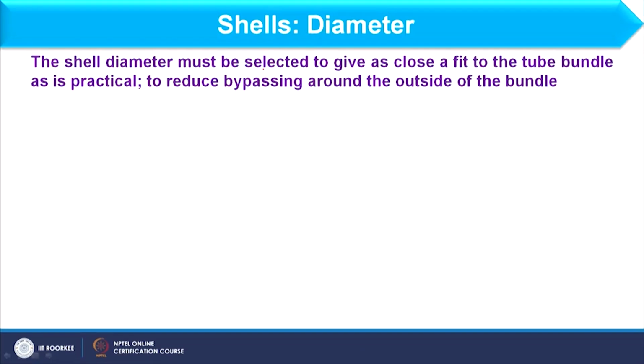The shell diameter must be selected to give as close a fit to the tube bundle as is practical, to reduce bypassing around the outer side of the bundle. So actually, when we select the diameter, we have to be very careful while deciding the space which is available between the outer layer of the bundle and the shell inside diameter.